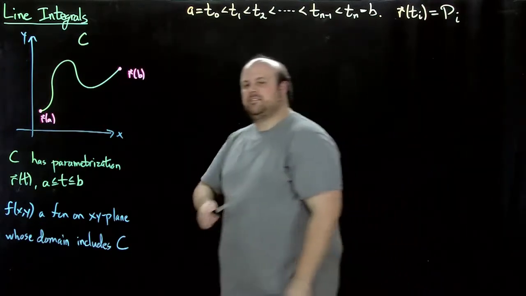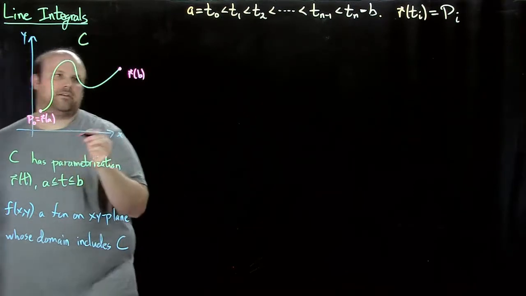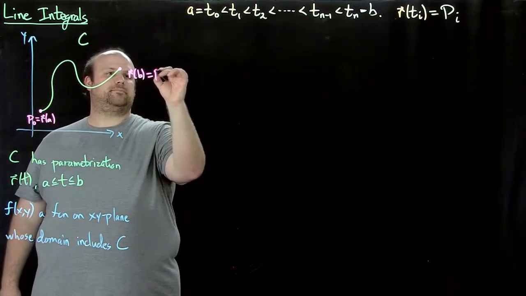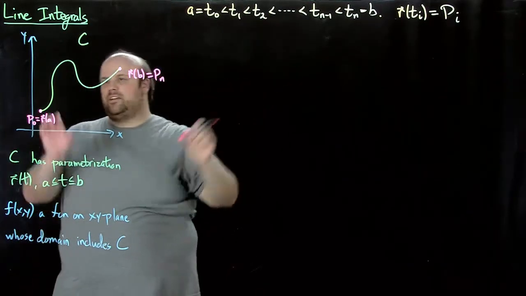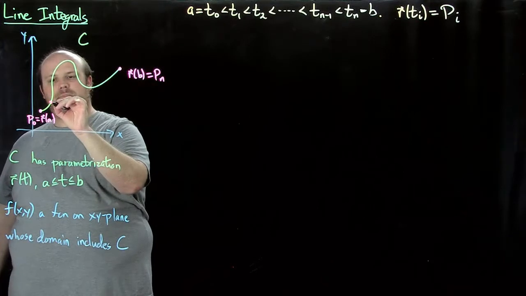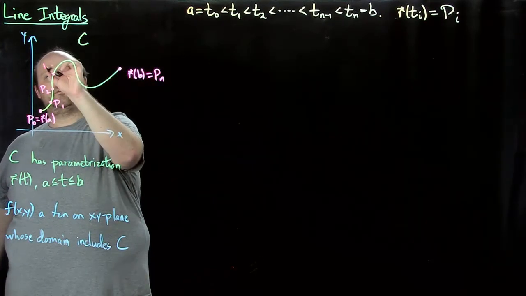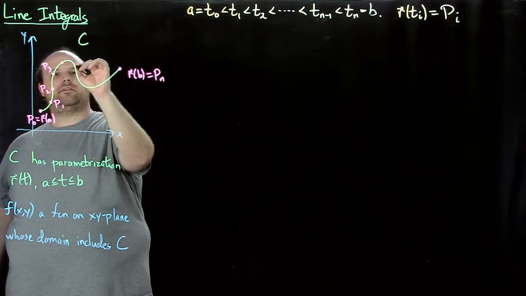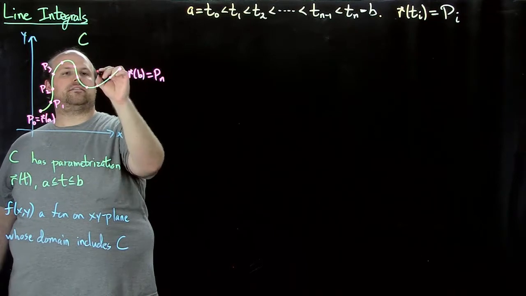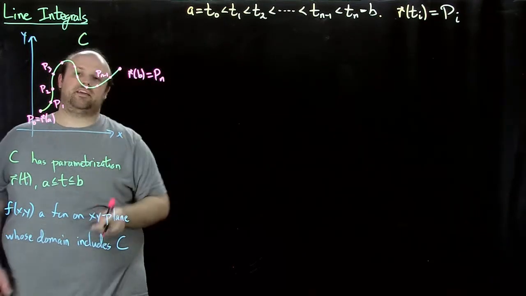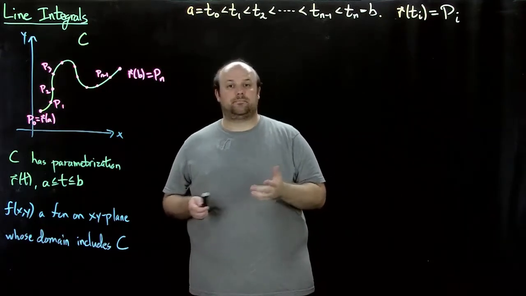This will just save us some writing over here. So then this first point is p naught, this last point is pn, and then at the various t values, it just cuts up the curve. So you might have p1, p2, p3, so on, and p n minus 1, and then pn at the end. Okay, so it cuts up the curve.